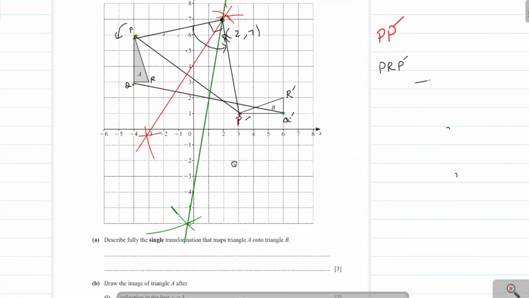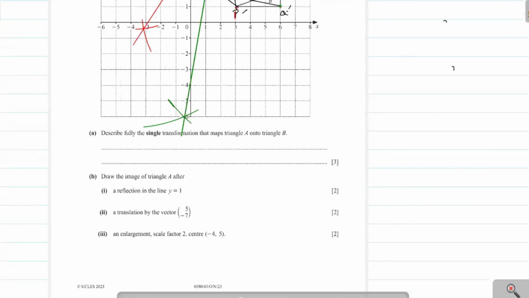We write here the transformation A onto B is rotation anti-clockwise, and the center of rotation is (2, 7).